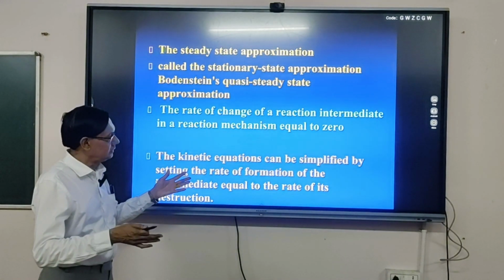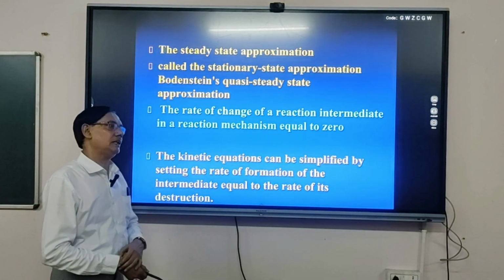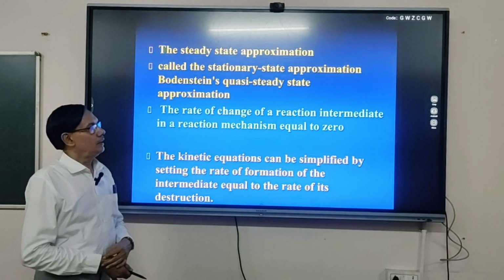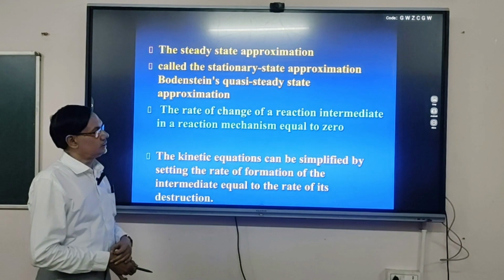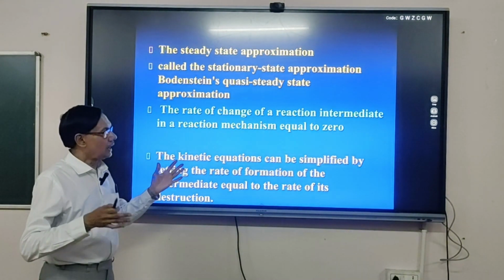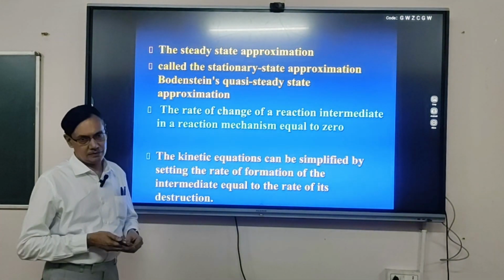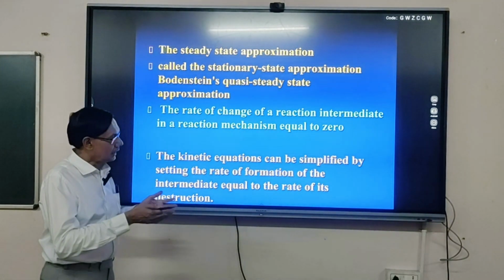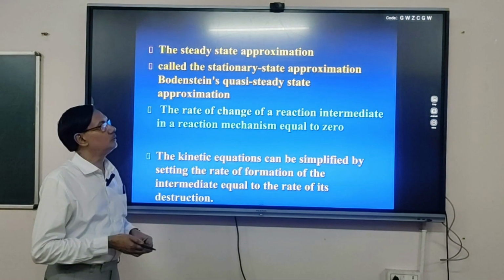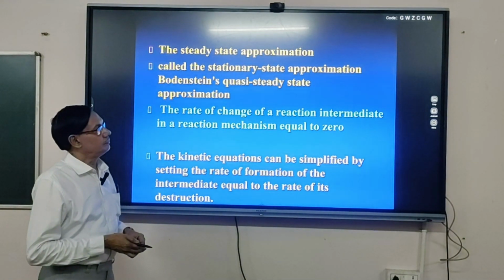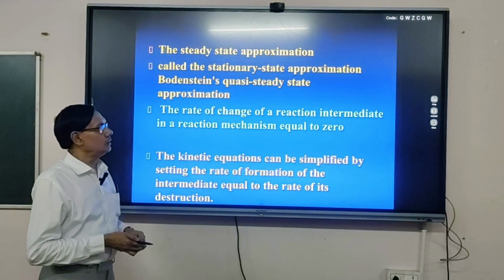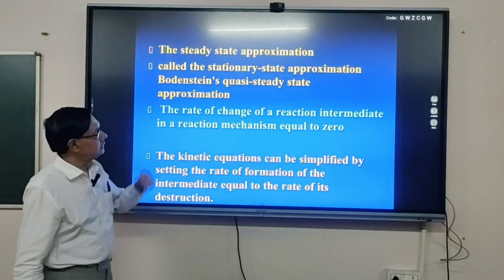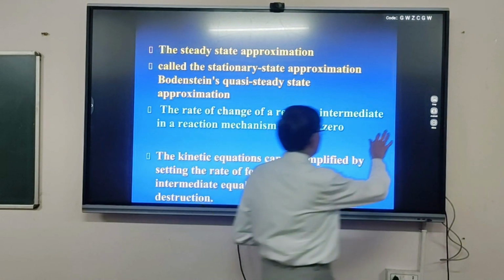You can consider he is one of the founders of chemical kinetics, and he discovered a large number of hydrogen halogen reactions, for example H2 plus Cl2, H2 plus I2 or H2 plus Br2. Most of the chain reactions were determined by Bodenstein.